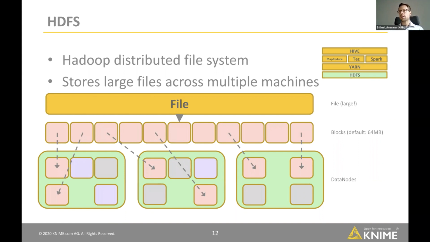A typical block size is 64 megabytes, but all of that is configurable. Then these blocks get spread out over the different machines in the cluster, so the file is chunked up and bits and pieces of it are stored everywhere.